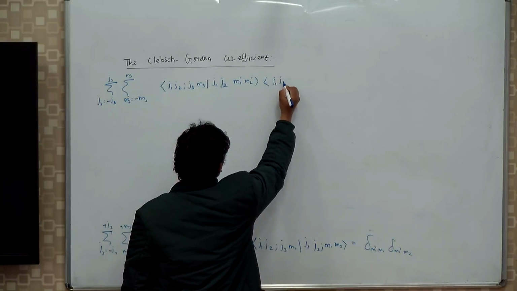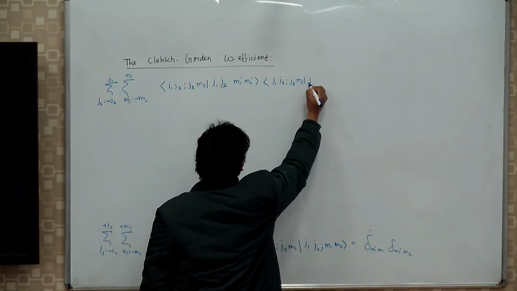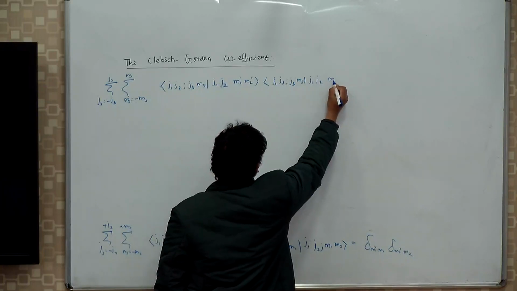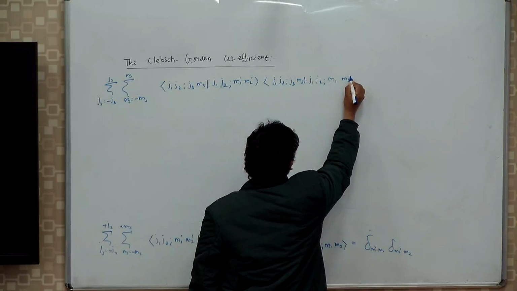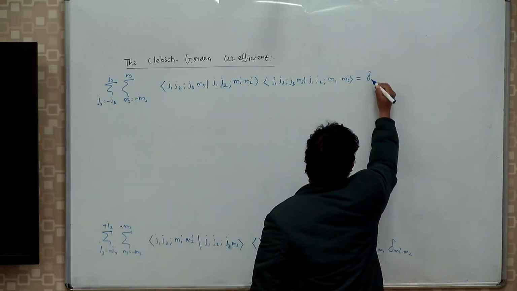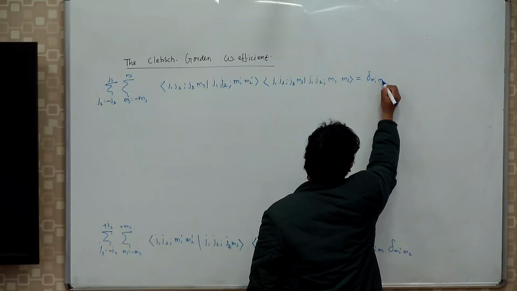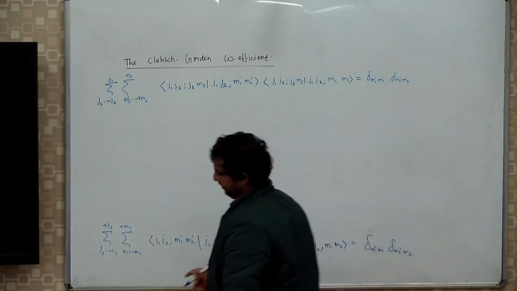So ⟨J1 J2 J3 M3 | J1 J2 M1 M2⟩ is nothing but this one, so δ_{M1' M1} δ_{M2' M2}. Fine.